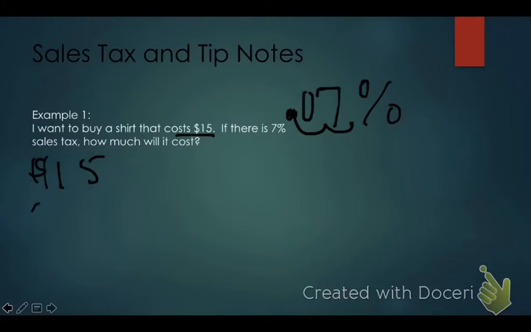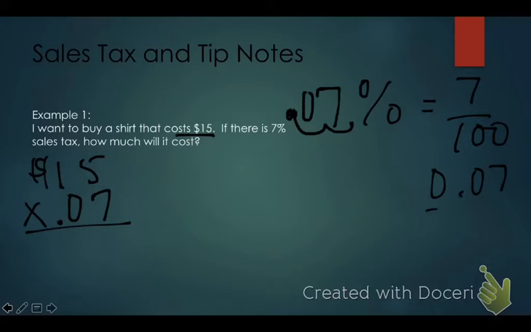So that means I'm going to multiply $15 by 7 hundredths, because that's what 7% is, 7 out of 100. 7% equals 7 out of 100, which equals 7 hundredths.